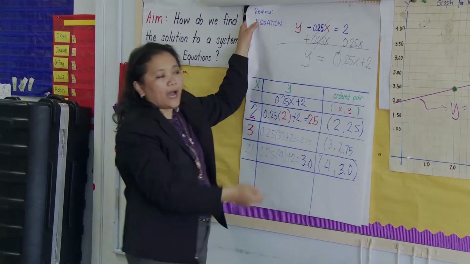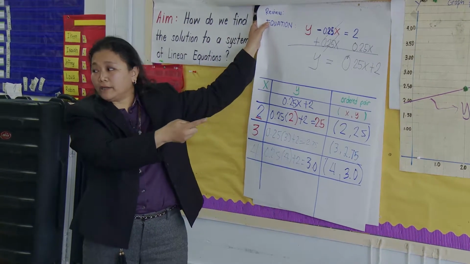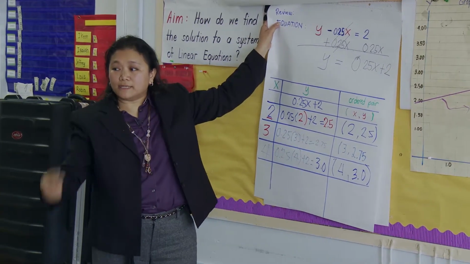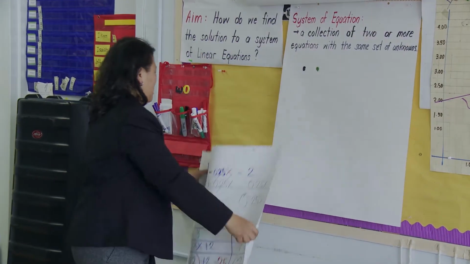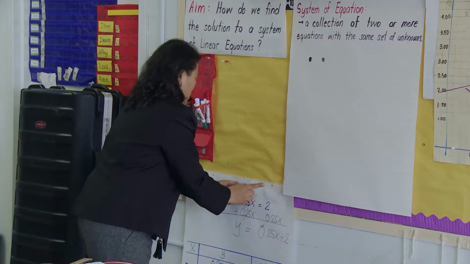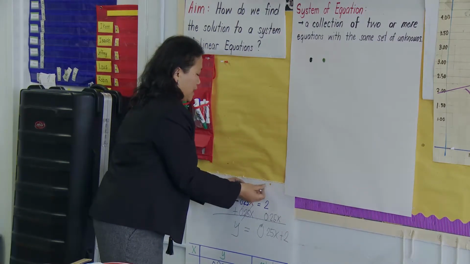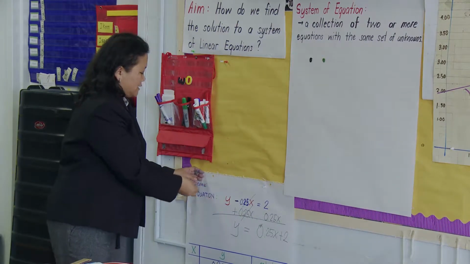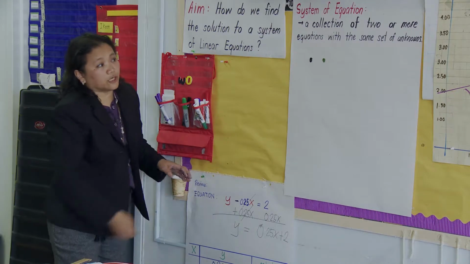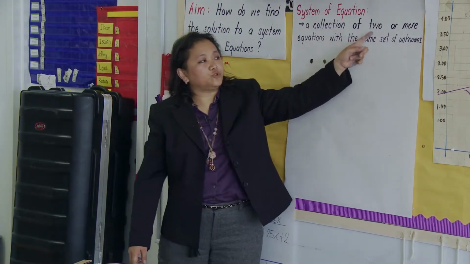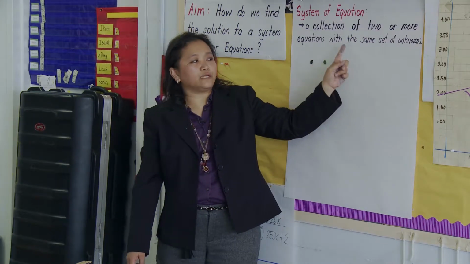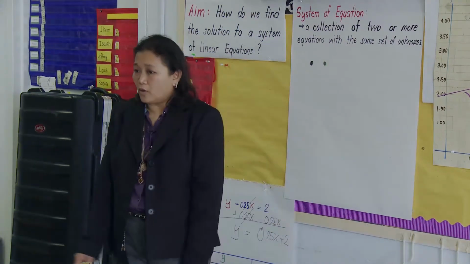If we have one linear equation there, this time we will be needing more linear equations. A system of equations is a collection of 2 or more equations with the same set of unknowns.